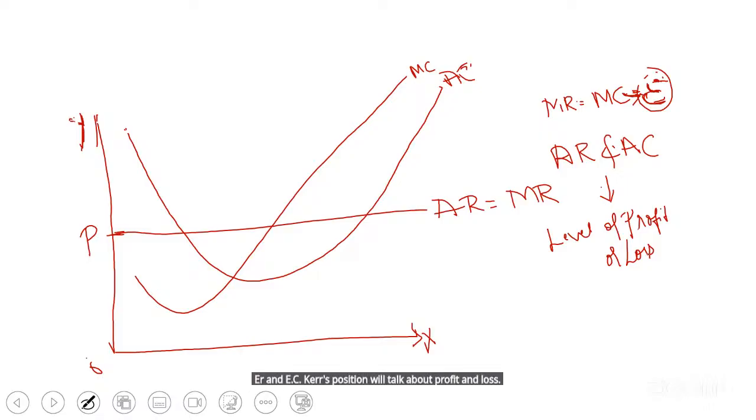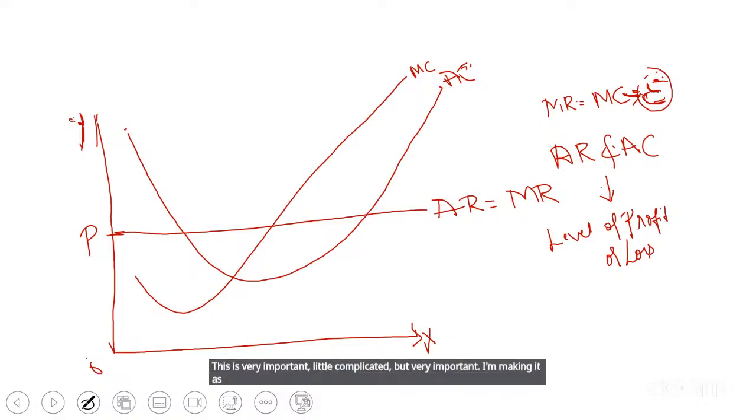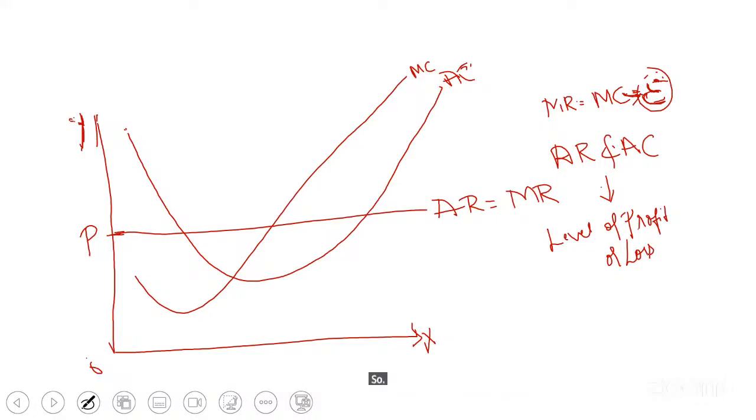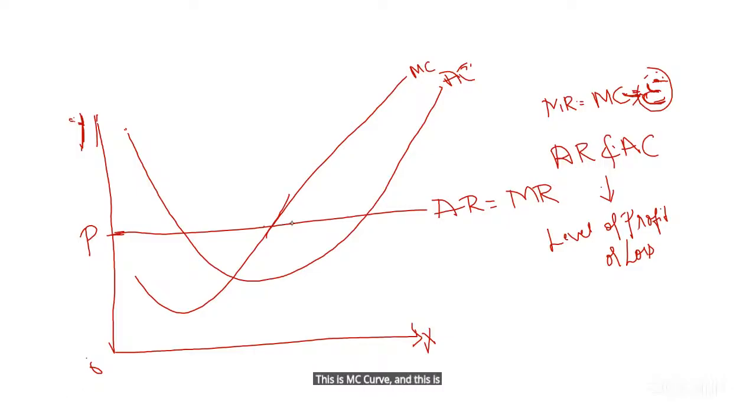Now, first let us identify the equilibrium point. Be with me. This is a little complicated but very important. I am making it as simple as possible, so just concentrate and draw as I instruct. This is the MC curve and this is the MR curve. Can you see?